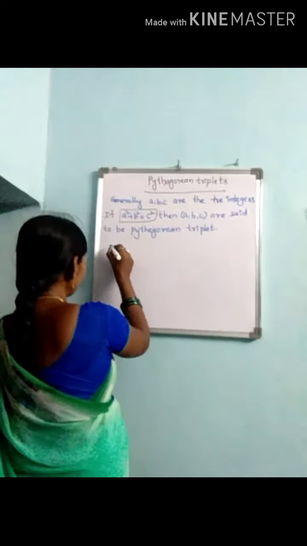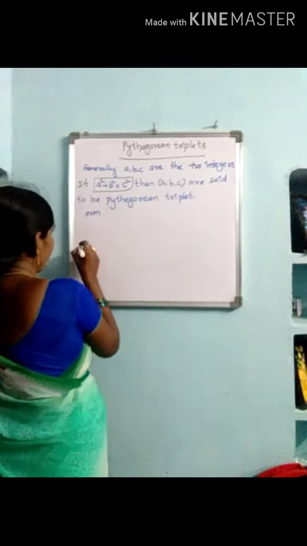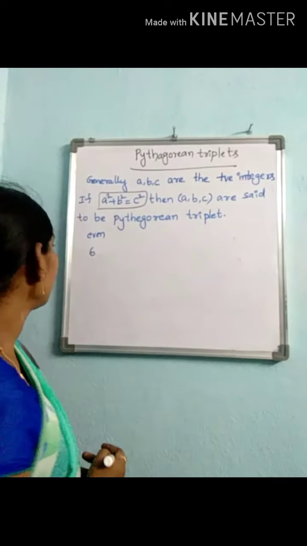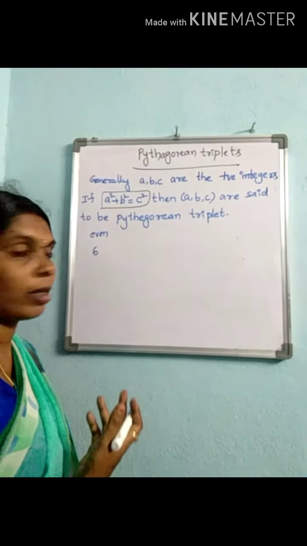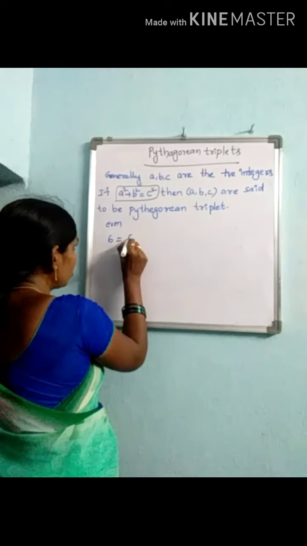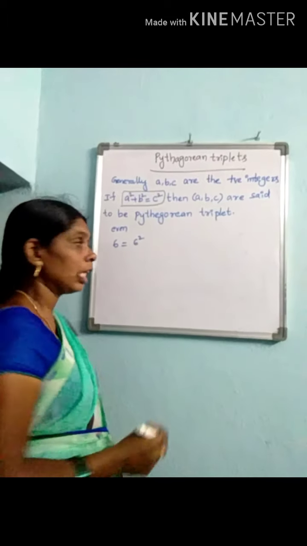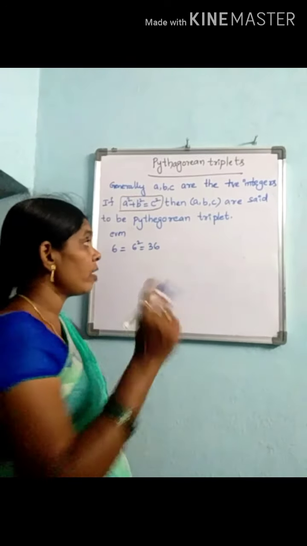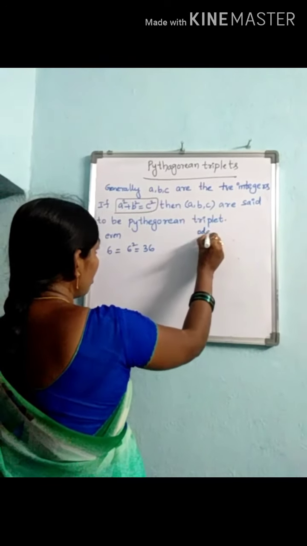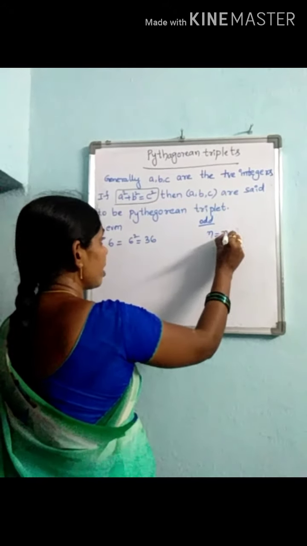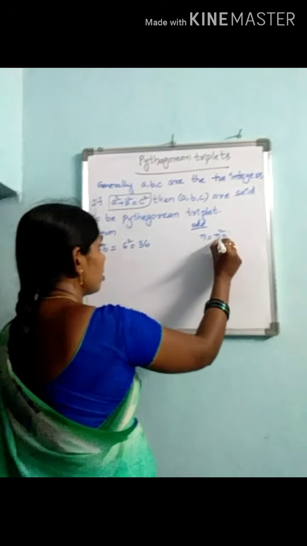Now I am taking an even number. Suppose I am taking 6. What are the remaining two to make a Pythagorean triplet? See here, 6. First we have to do 6 squared, which is 36. When we took an odd number n, we did n squared by 2.